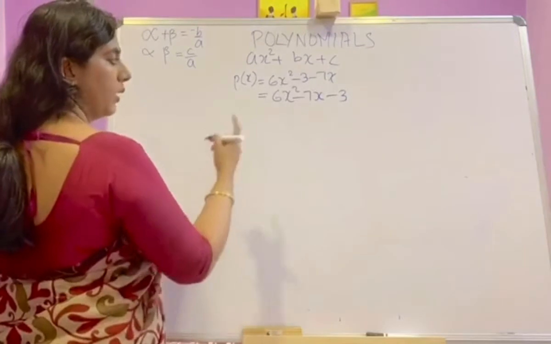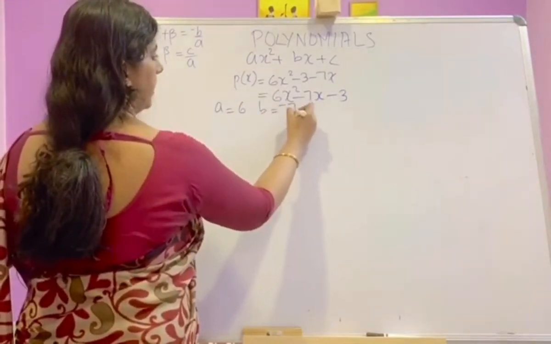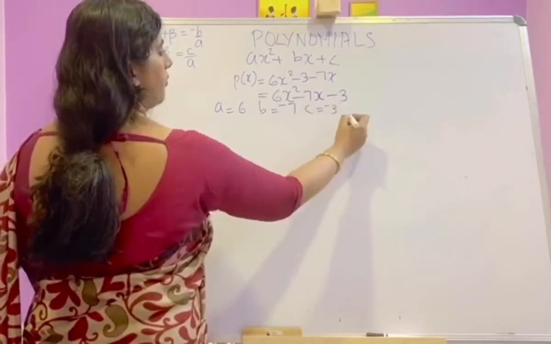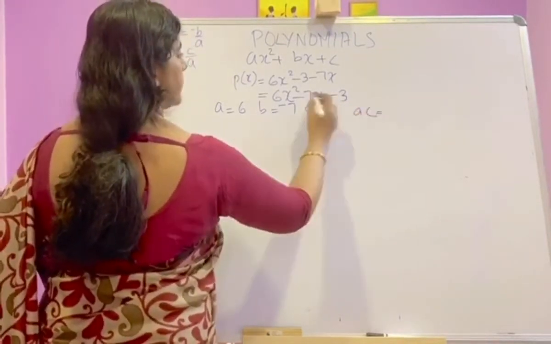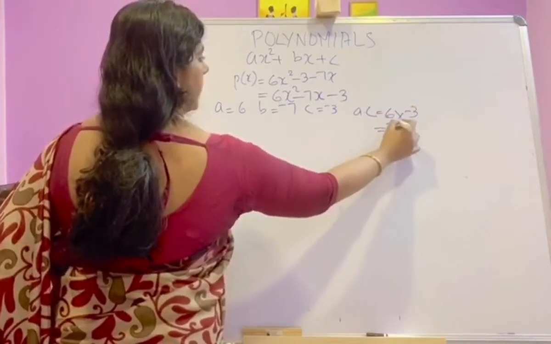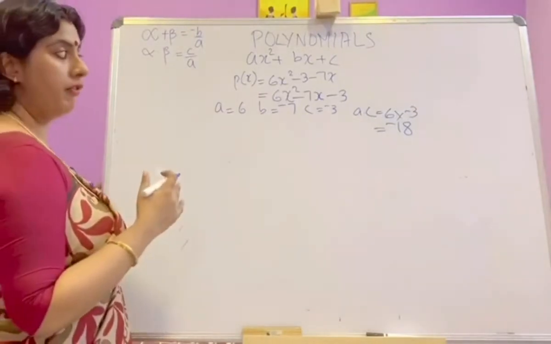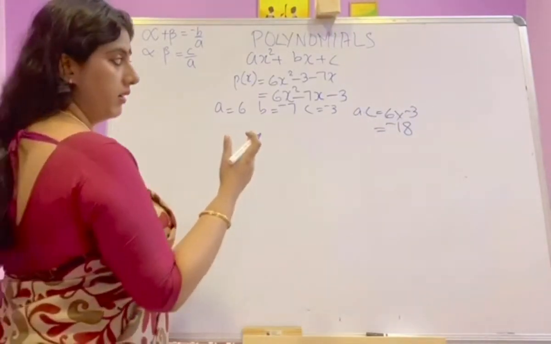Then only you can write the a, b, and c. Now find a into c. That is 6 into negative 3. The answer is negative 18.